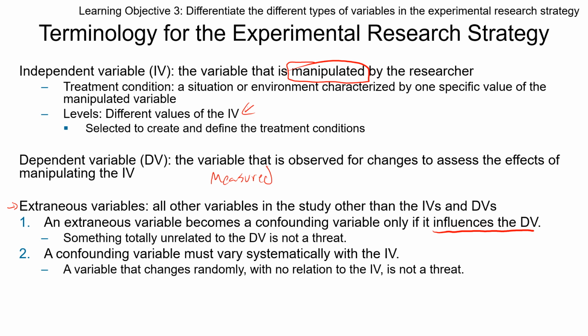Then that variable's effect on the dependent variable becomes systematic. It's systematic with the independent variable, meaning each level of the independent variable has an equal chance of having people with that confounding variable and people without that confounding variable. So in that case, it's not a threat. It's still a confounding variable, but it's not a threat to our experiment.